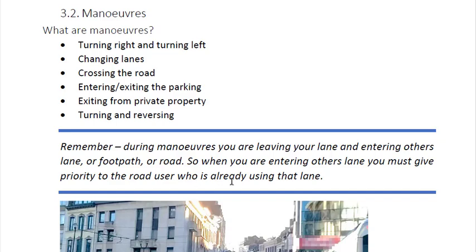So you are leaving your lane, entering someone else's lane, which means you should wait till the other lane becomes free. So in short, when you're doing a maneuver, like when you're turning right, turning left, or when you are making a U-turn or reversing, you must always give priority.